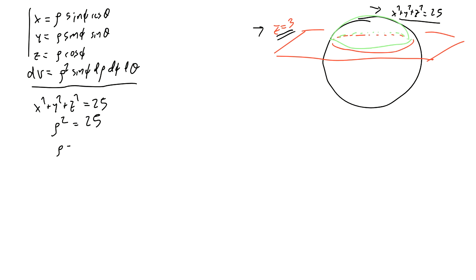So rho equals 5. So the sphere is rho equals 5. And for the plane, z equals 3. That's the same as rho cosine phi equals 3. So rho equals 3 over cosine phi, which is 3 secant phi.